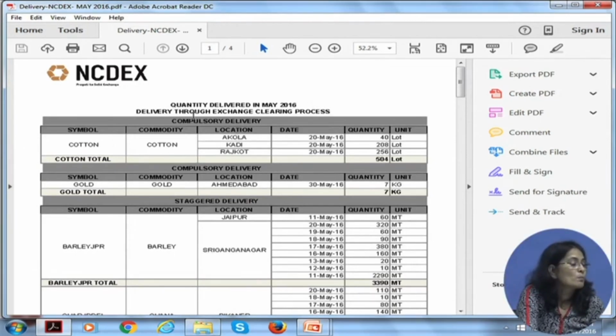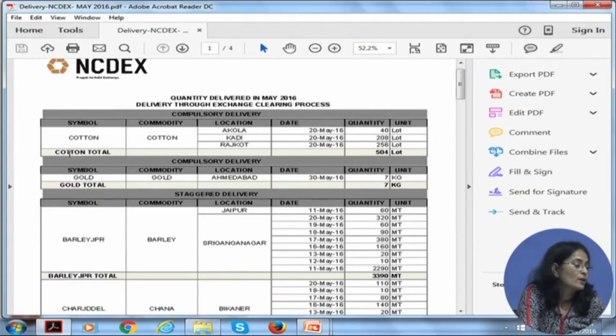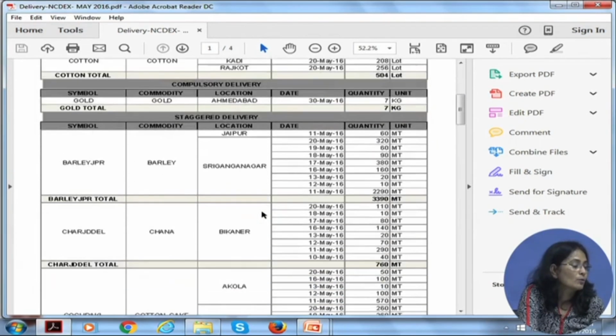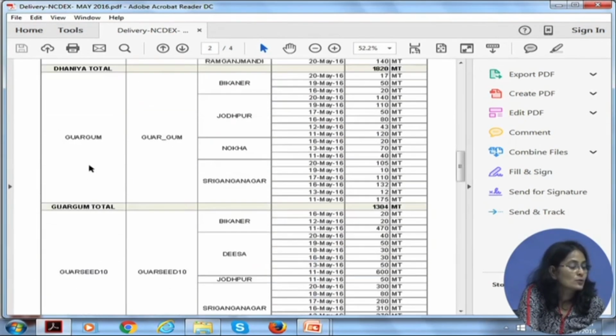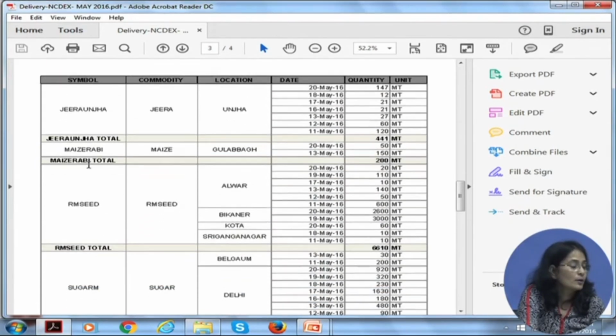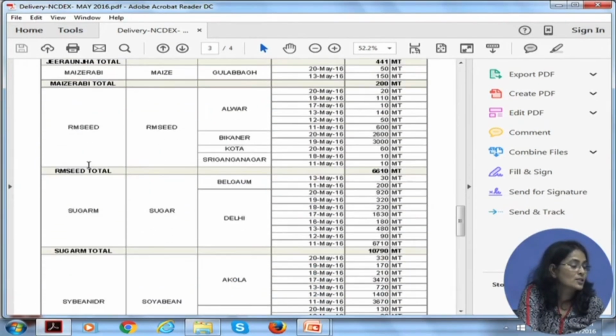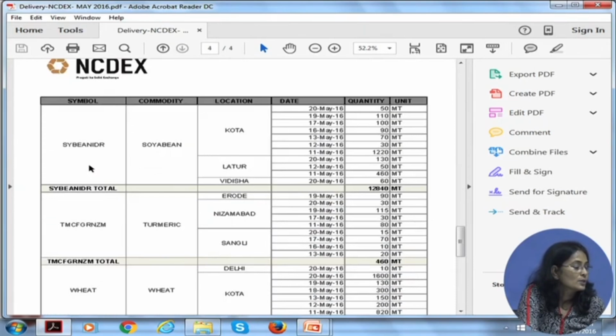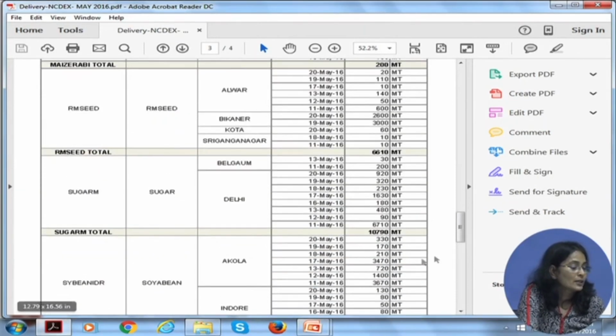This shows for the month of May 2016 the quantity delivered through the exchange clearing process. So, you have different commodities and the total amount of different commodities which have been delivered by buyers and sellers through the exchange platform. This is something interesting I thought of sharing.